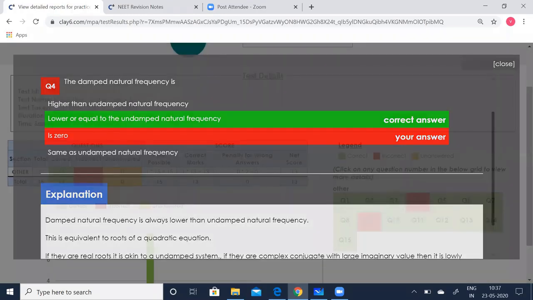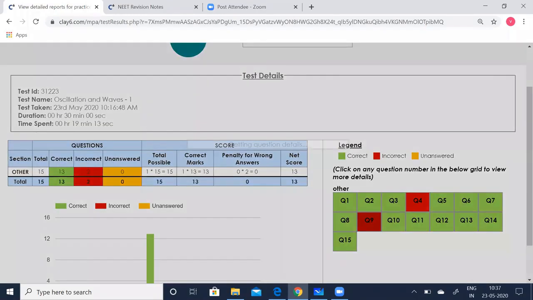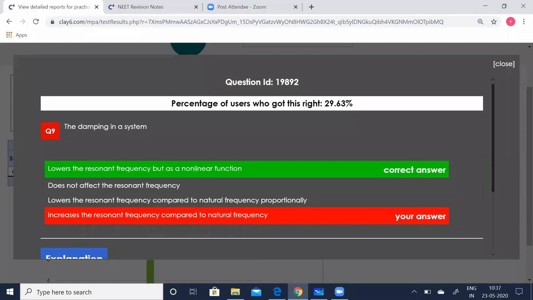All right. Now let us go to the 9th question. Let us see where it went wrong. The damping in a system lowers the resonant value. Yes, it lowers the resonant value, but as a non-linear function, it does not affect the frequency. So we marked it as increases the resonant frequency. Actually, we saw that omega dash was lesser than omega n.